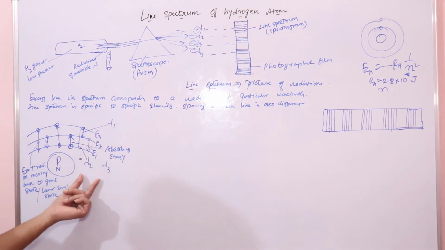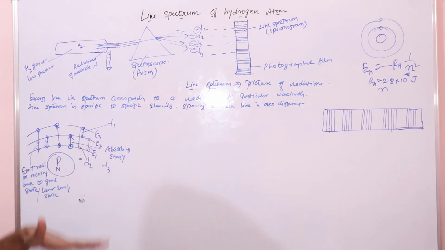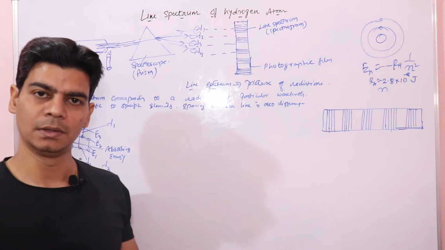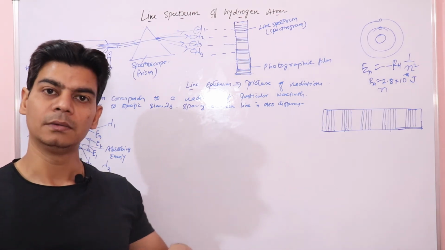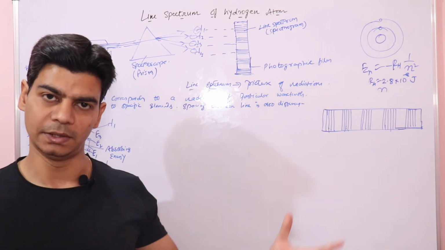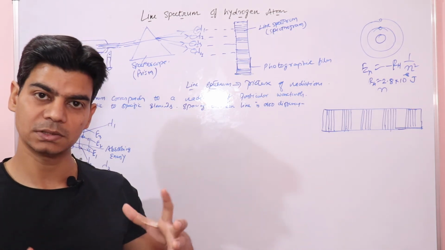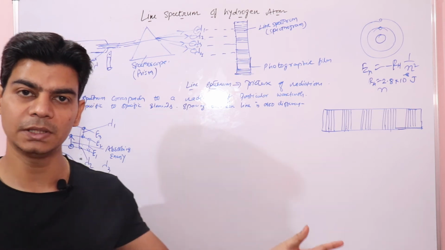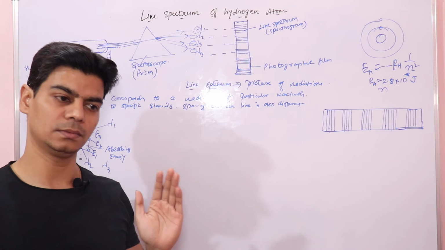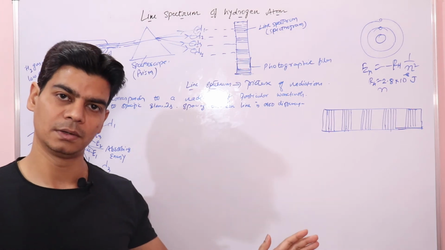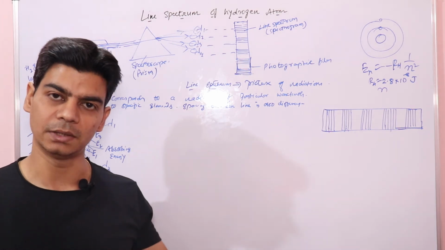So you see here, when electrons are transitioning between different energy levels, they are emitting radiations of different wavelengths. We said that every line in the spectrum corresponds to a different wavelength.